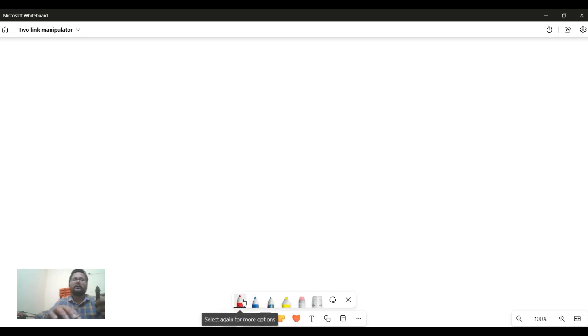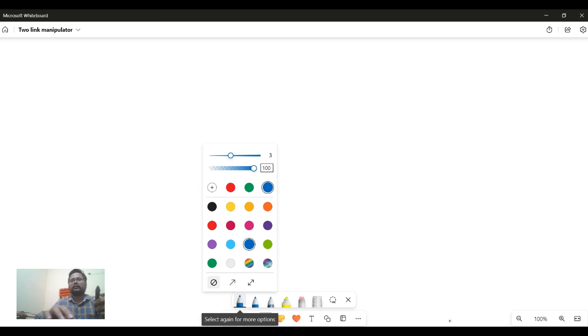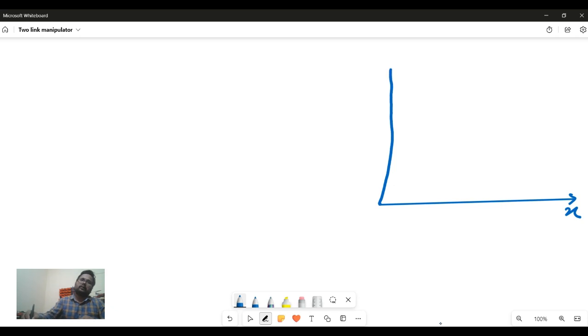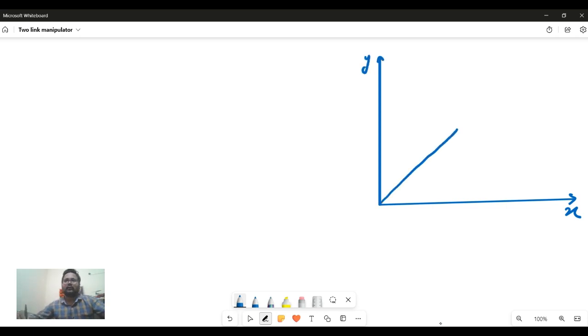So wait a second. If this is the x-axis and this is the y-axis, and this is L1, link 1, joint 1, joint 2, and this is the extended length.